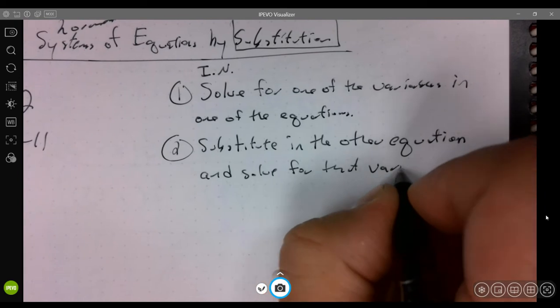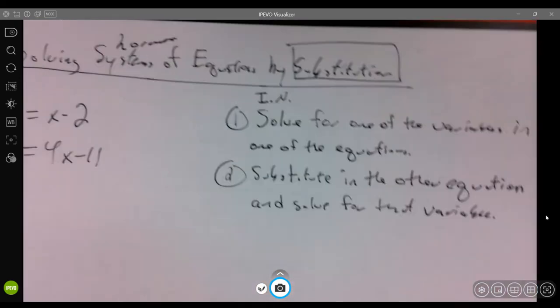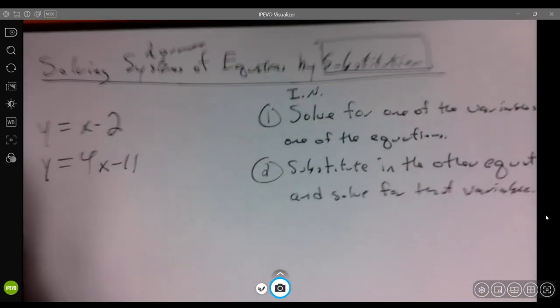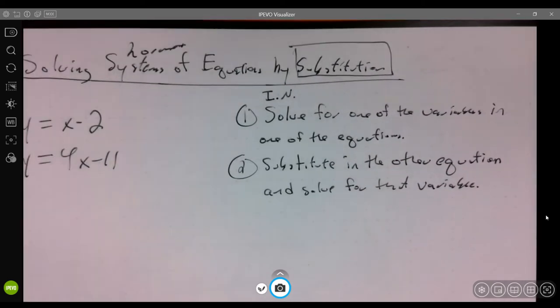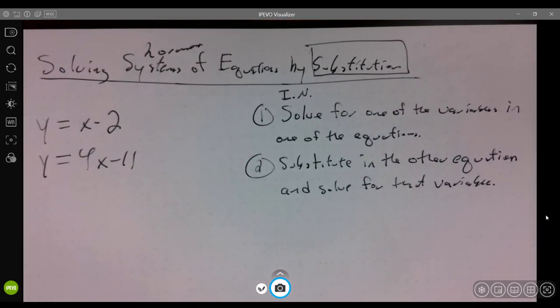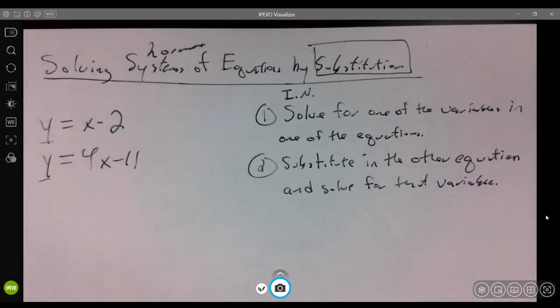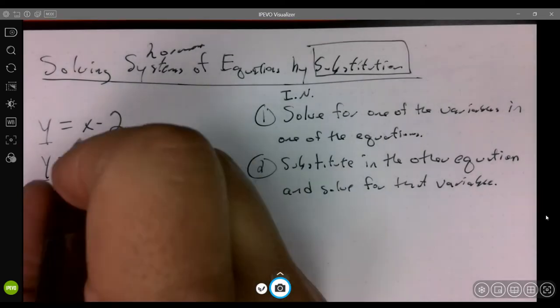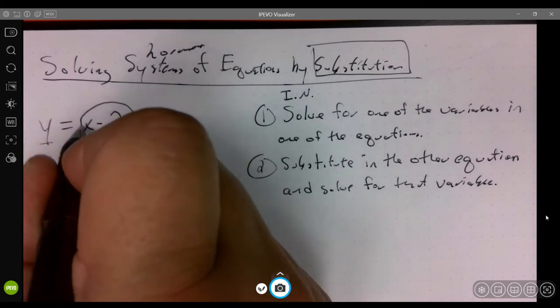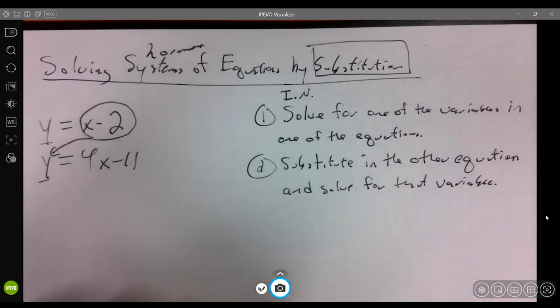So let's go back here. We already have step one done really in two different ways here. I already have y equals x minus 2 and y equals 4x minus 11. So both of these are already solved for y. So what I'm going to do is take one of these y's, which equals x minus 2, and substitute it in over there.